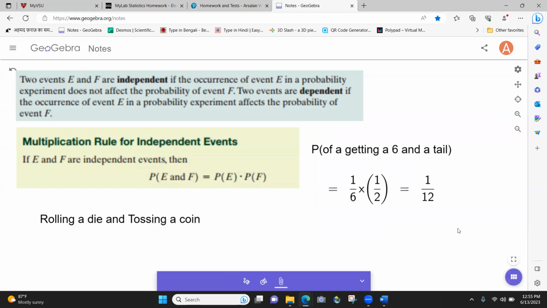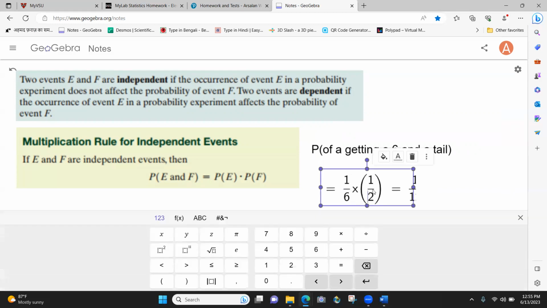Multiplication rule is associated with independent events. I know it put parentheses here, but you don't need the parentheses. So let me get rid of them.